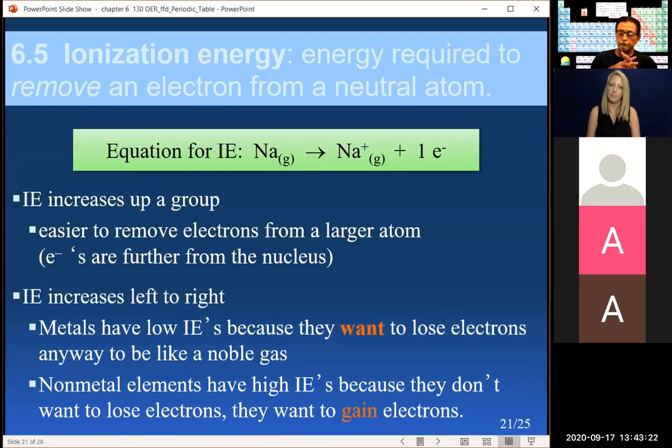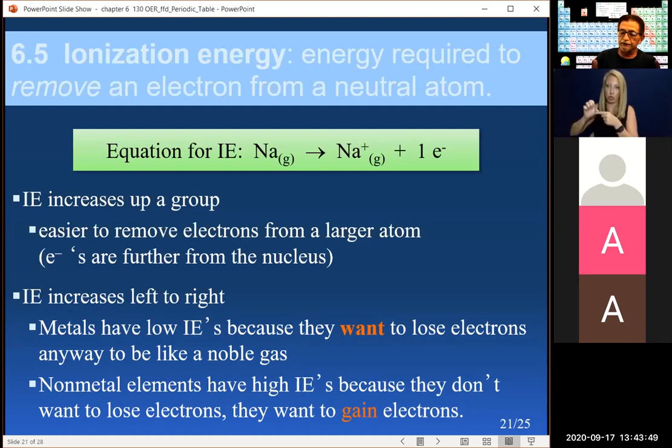Now, going from left to right, the ionization energy increases, okay? For a couple of reasons. A good way to remember that is when we go from left to right in the periodic table, we start moving away from metals and start moving into nonmetals. And nonmetals want to gain electrons. Okay, that's point number one.